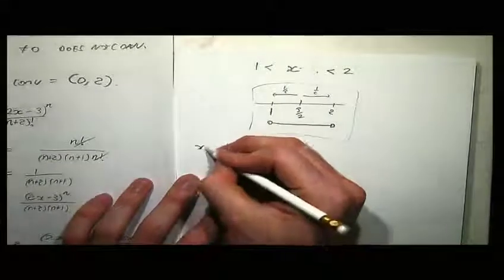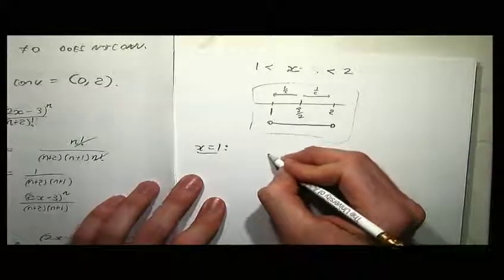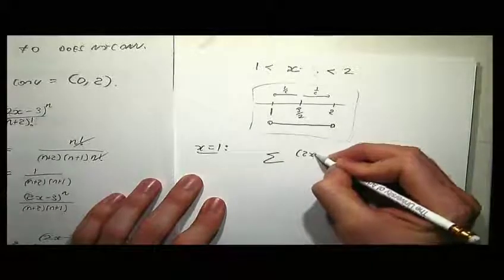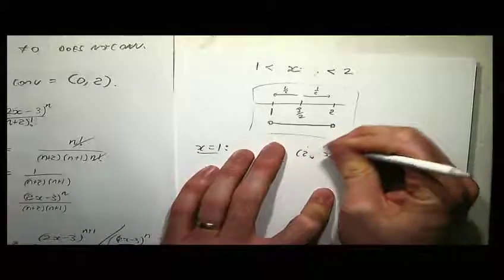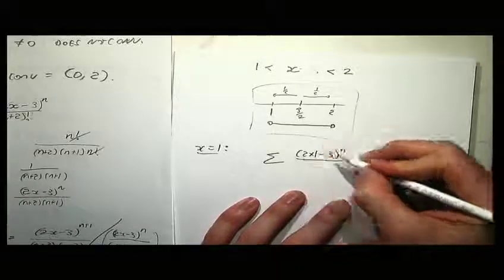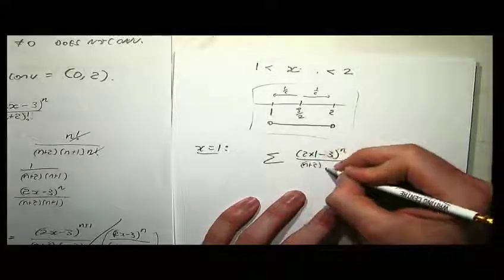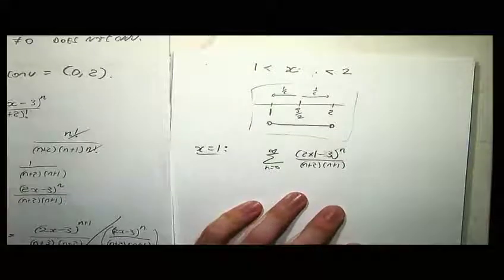Let's see, at x equals 1, we get 2 times 1 minus 3 to the n over n plus 2, n plus 1, like that.